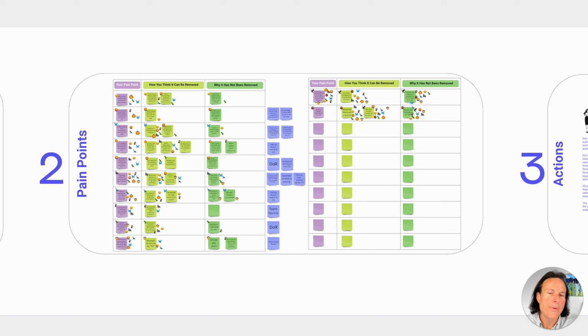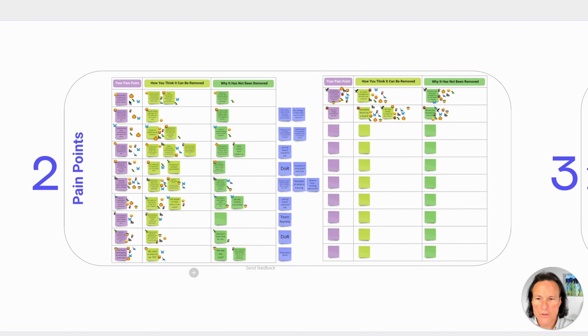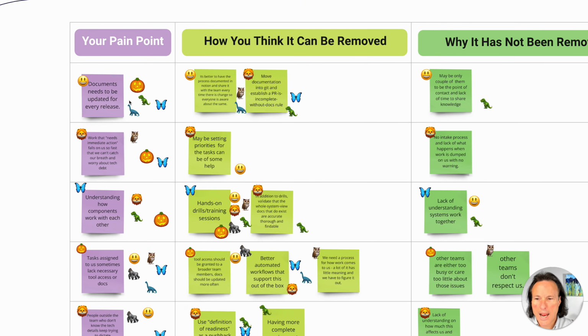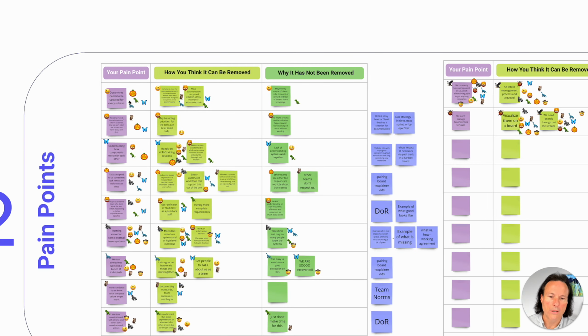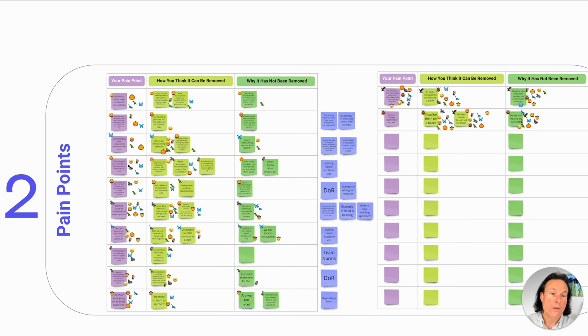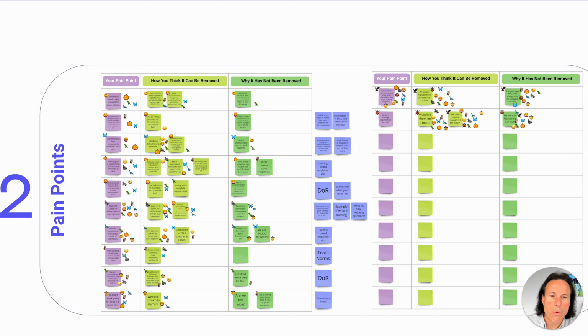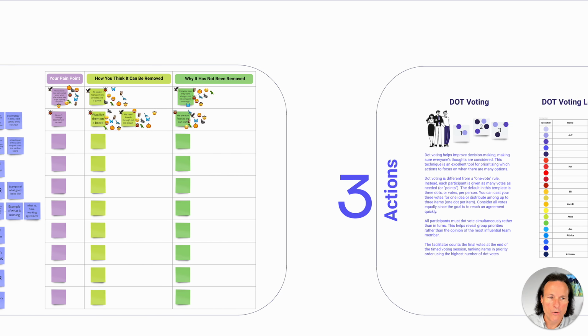How do you think it can be removed, and why hasn't it been removed? And as I zoom in a bit here, you can see just how in a very short amount of time, we can get a lot of insight into what those pain points are, why those pain points potentially have not been removed, as well as what people feel is required to see an improvement.